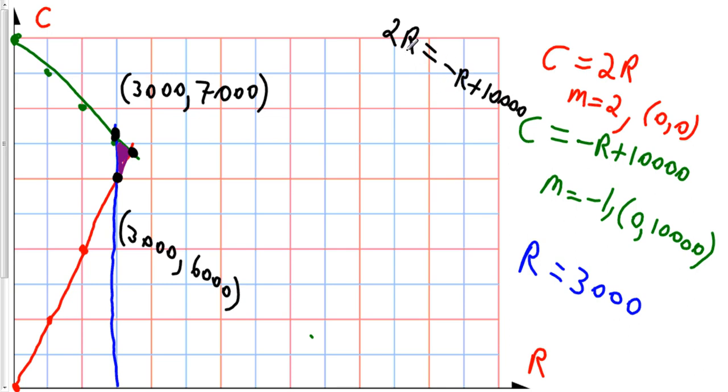I just add r to both sides to get rid of the negative r. I get 3r is equal to 10,000, and I divide both sides by 3. So I get r is equal to 10,000 over 3.